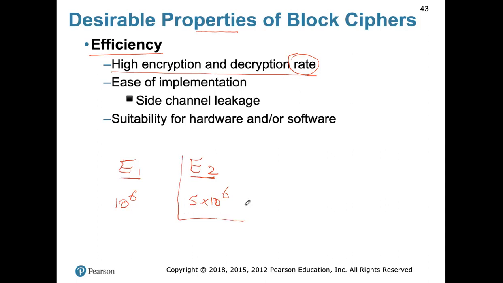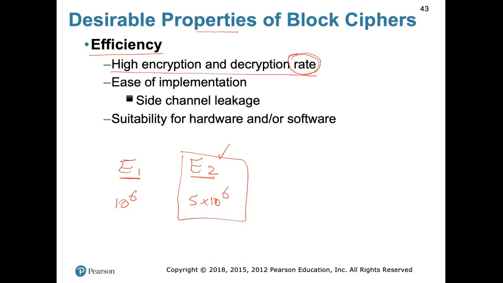So if everything is similar in terms of key size, hardware required, and so on, of course you go with encryption number 2. So the rate of encryption and decryption is a quantitative parameter representing the efficiency of that encryption algorithm.